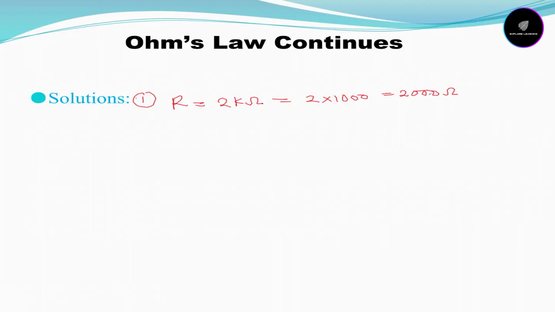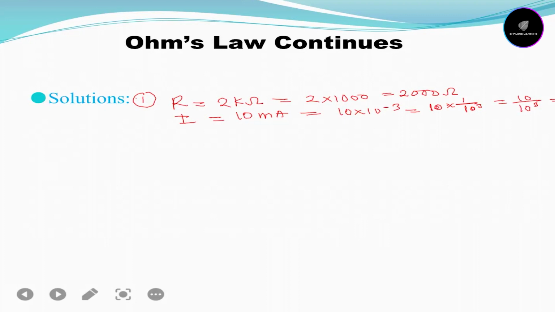Alright, take note. Then you have I, which is 10 milliamp, which is nothing but 10 multiplied by 10 raised to power minus 3. That will give us 10 times 1 divided by 10 raised to power 3, which is equal to 10 divided by 10 raised to power 3. Now if you do that, it will be 10 divided by 1000.